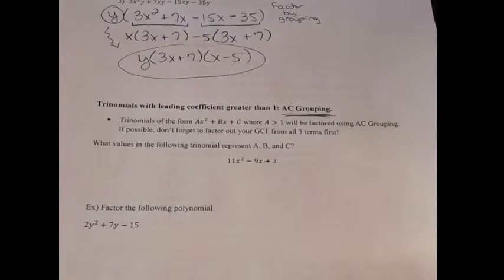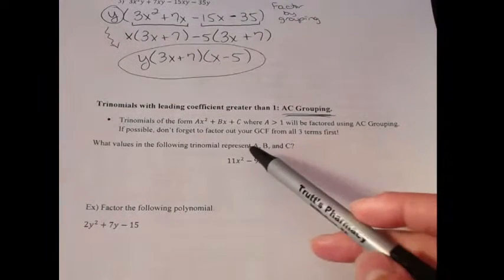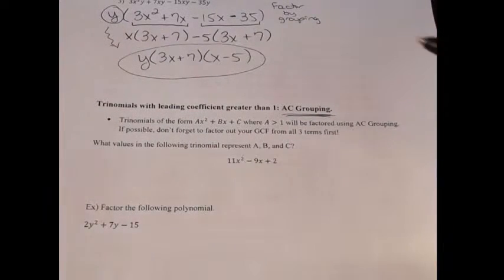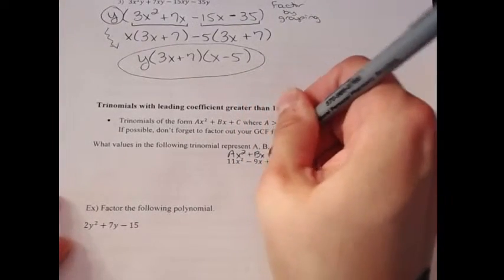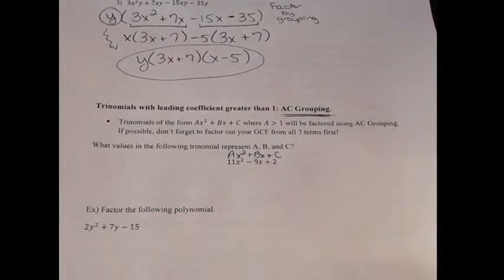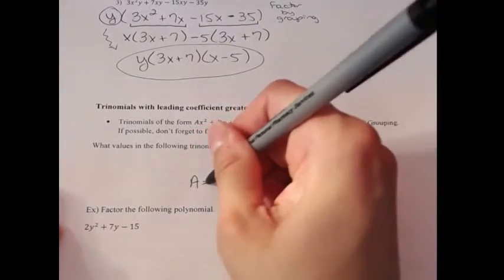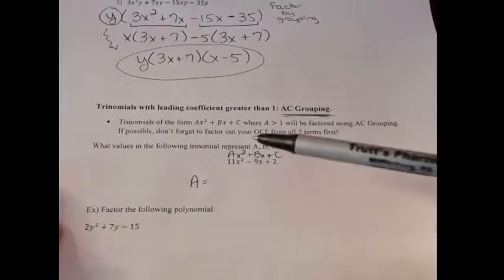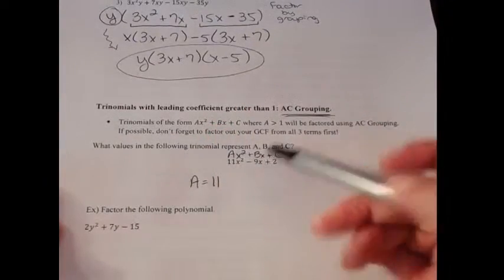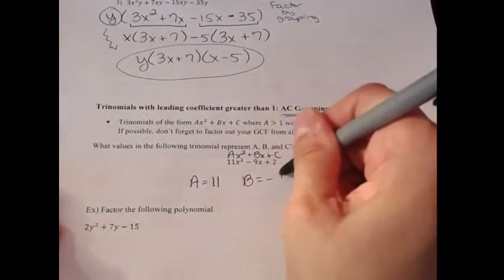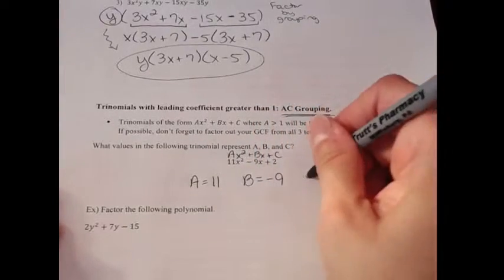Okay, just to make sure we're all on the same page, what values in the following trinomial represent a, b, c? So if I write ax squared plus bx plus c directly above this polynomial, you will all see that a is equal to 11, b is equal to negative 9, and c is equal to 2.